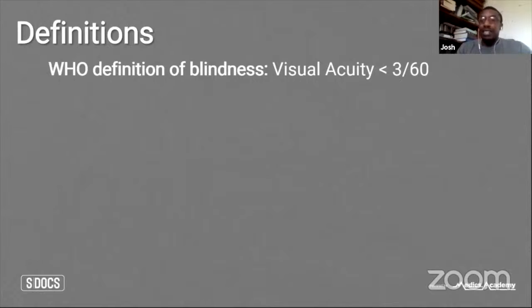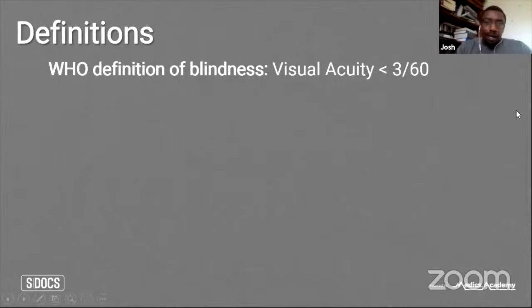Visual acuity of 3/60 means that an individual with that visual acuity from 3 meters can see what a normal person can see from 60 meters. If you take that patient further away from the object than 3 meters, they can't see that object anymore. So you can see how severe that kind of vision is.